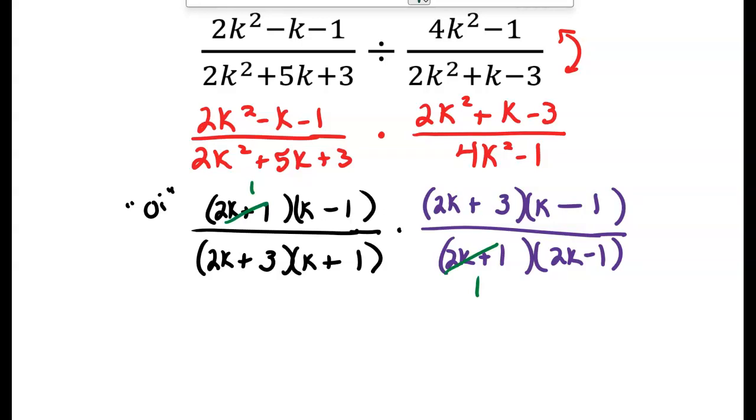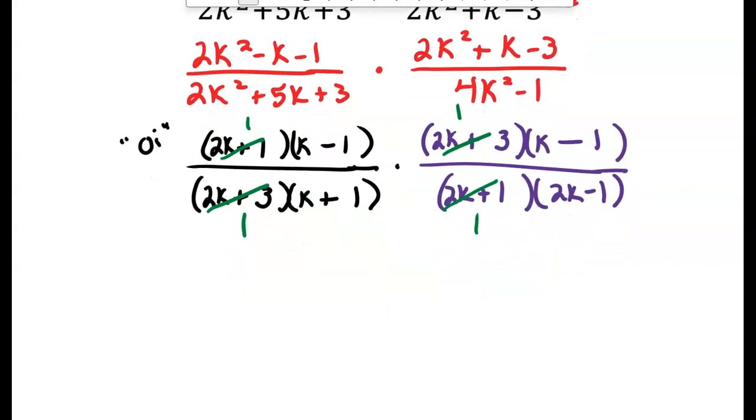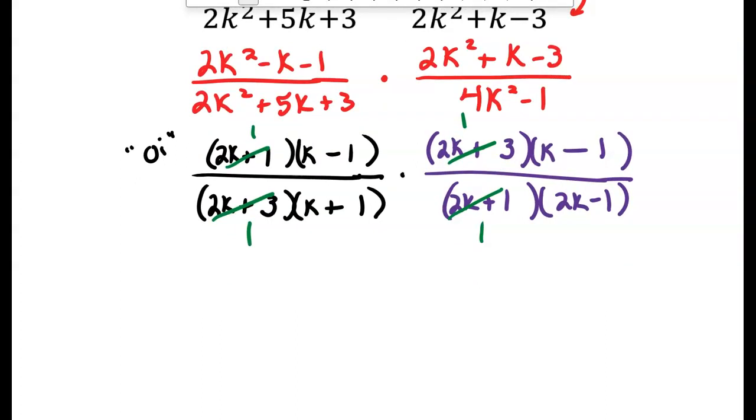Okay, what do we get for our next one here? We have our 2k plus 3. Anything else? No? All right, is there anything else we can do? No. So how would we write this one if that's the case?